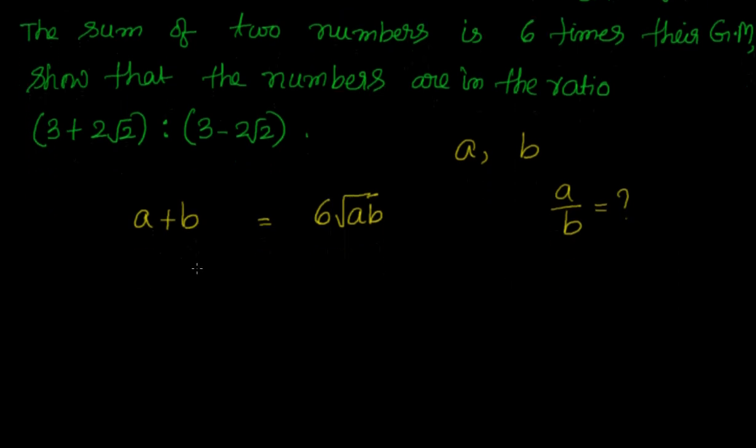Now a plus b equal to 6 root ab. What I will try to do is find out a minus b, so that I can find the values of a and b and divide them. For that, I will square on both sides. If I square on both sides, I will have a plus b whole square equal to 36ab.